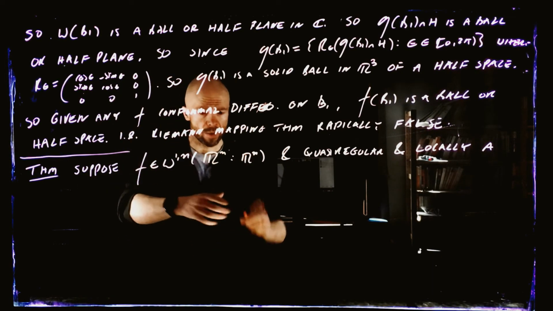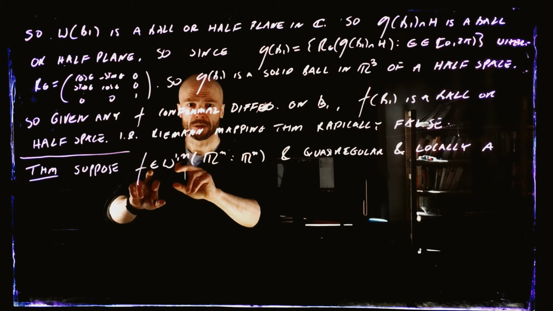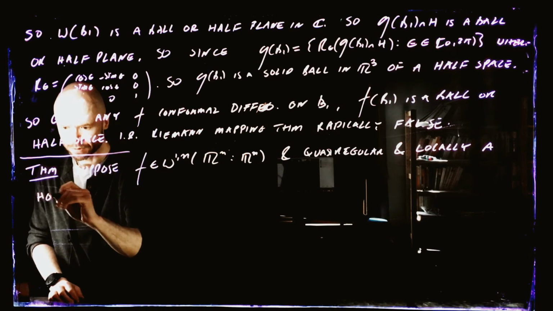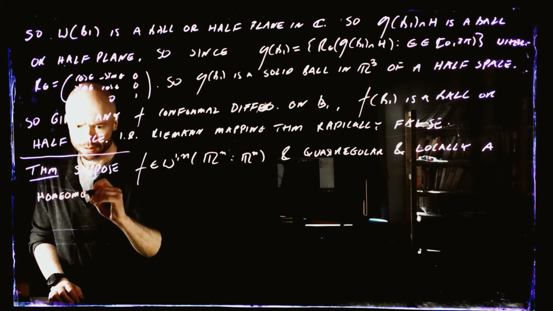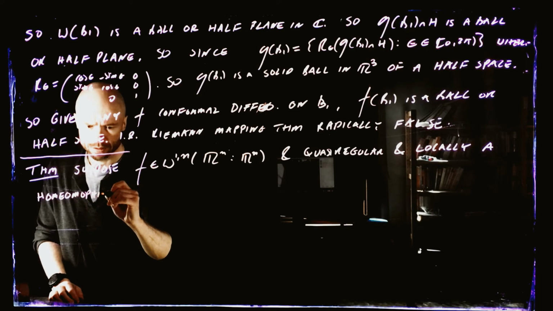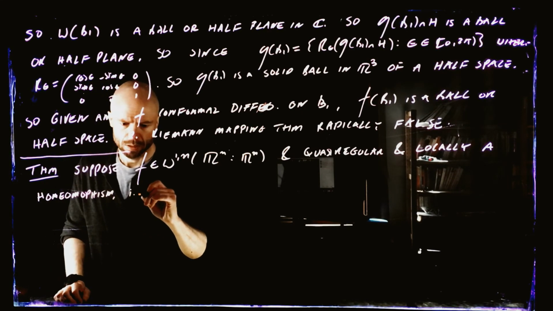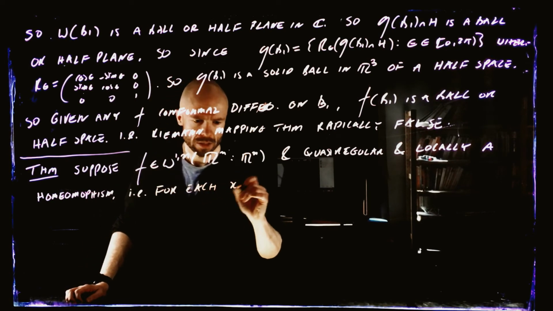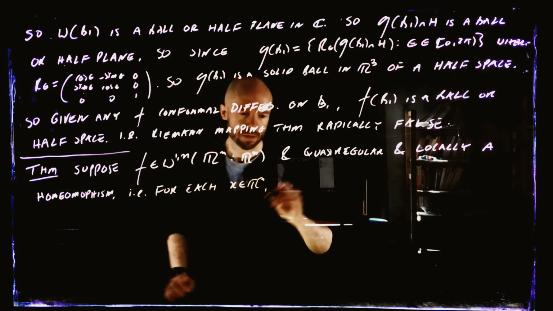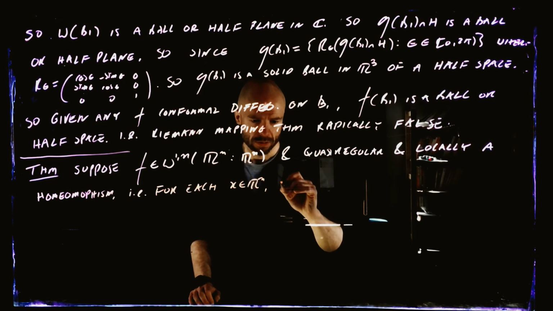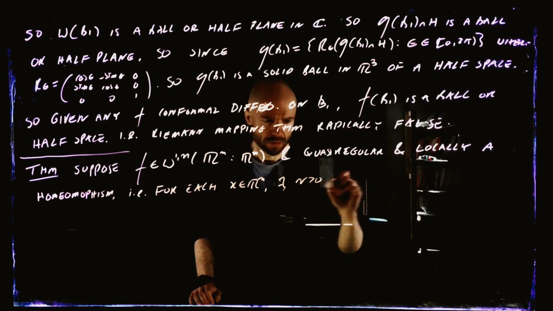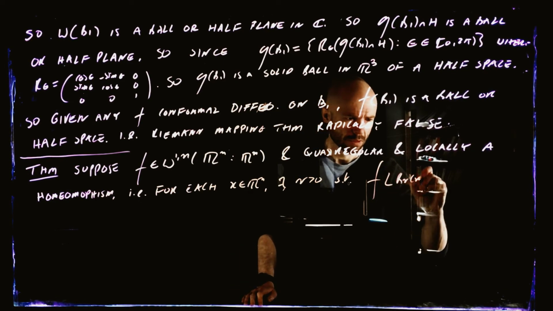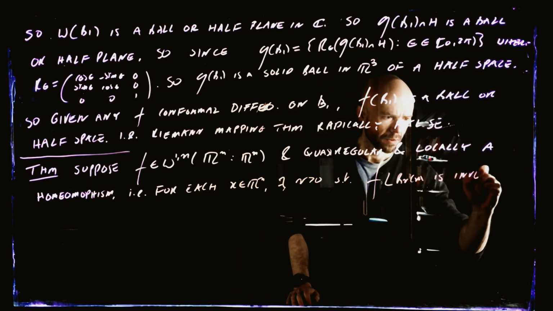So for every point in Rn, there is a neighborhood in which this thing is invertible on that neighborhood, a homeomorphism. i.e. for each x belonging to Rn, there exists R bigger than 0 such that f restricted to this ball is invertible.